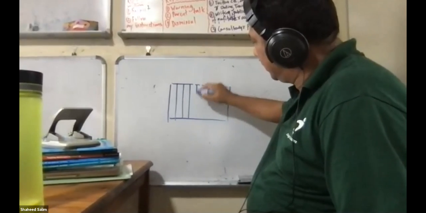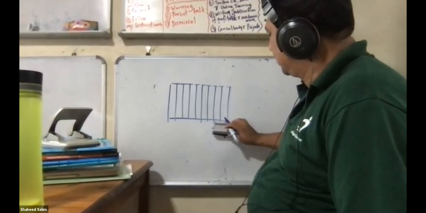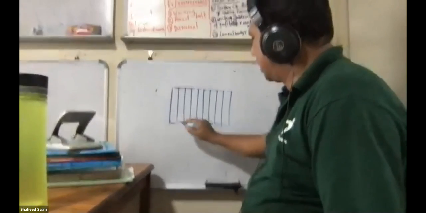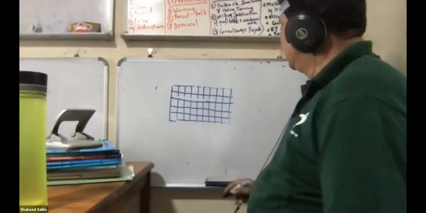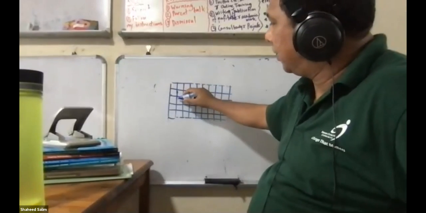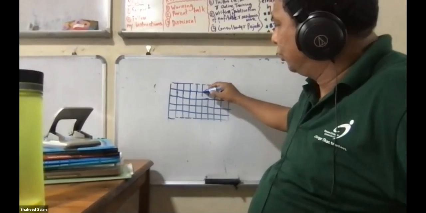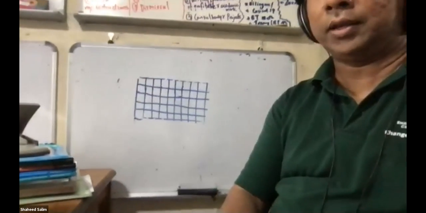Without counting every square, I want to know how many squares there are down here. What is the fastest way? Who knows? Can we use our times tables? Yeah, can. So what do you think is the fastest way?